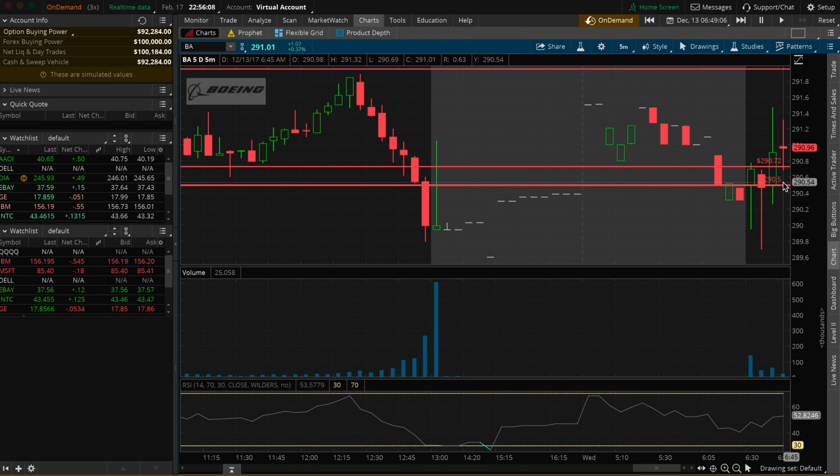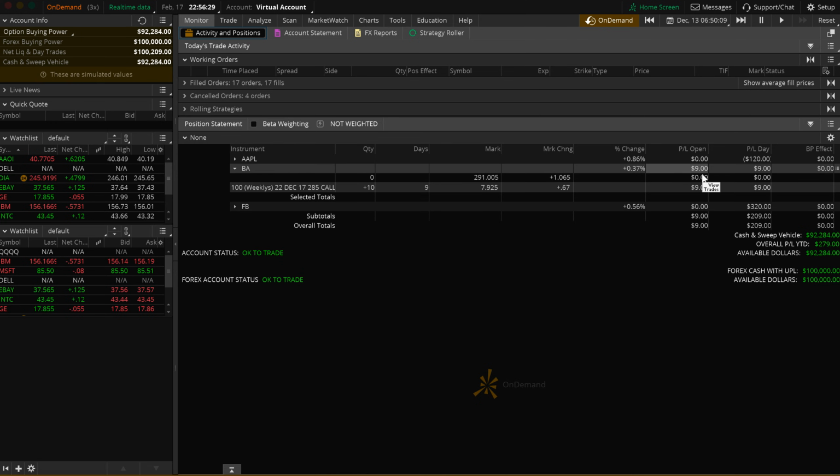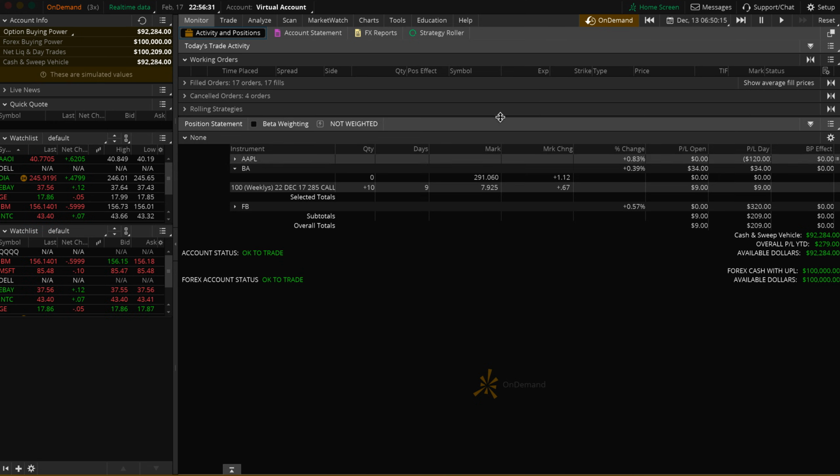But if it closes under my support, then I will sell. But this looks like it's going up. And let's see what we're at. Right now we're at negative. Oh no, here we go. We're at positive $9.